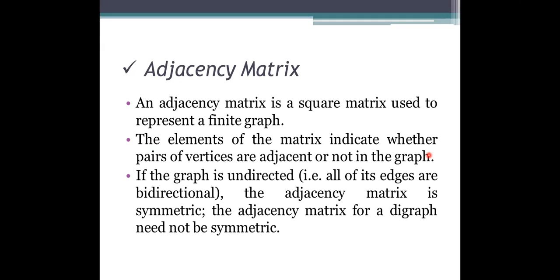A sparse matrix consists of a small number of non-zero elements. If a matrix consists of less number of non-zero elements, then it is specified as a sparse matrix.